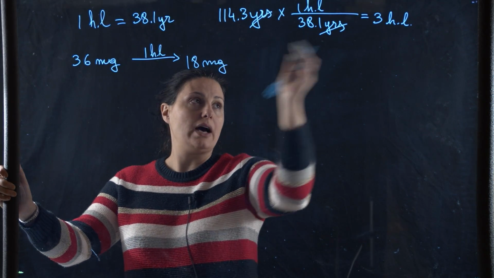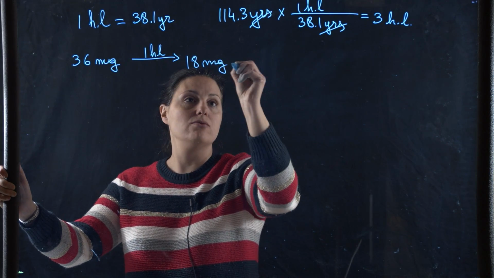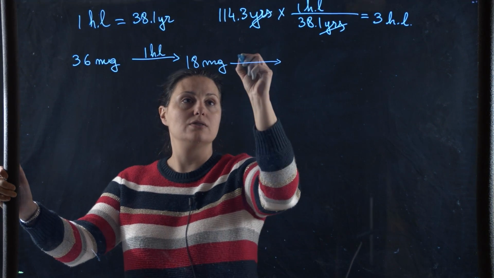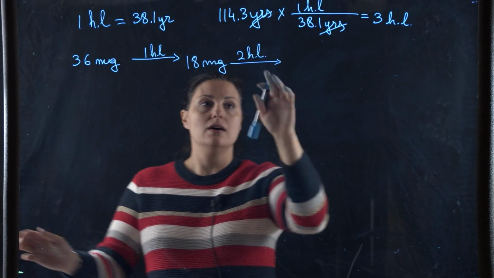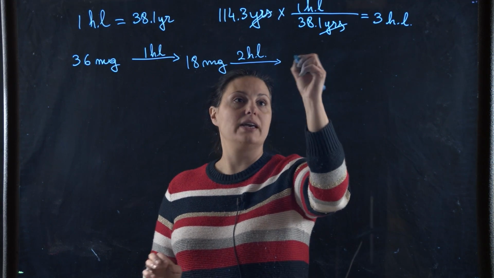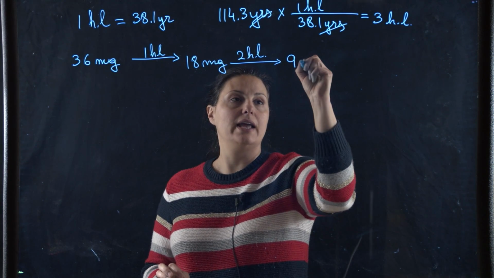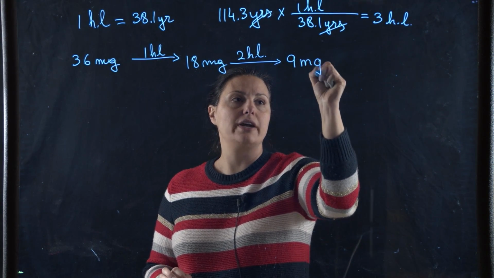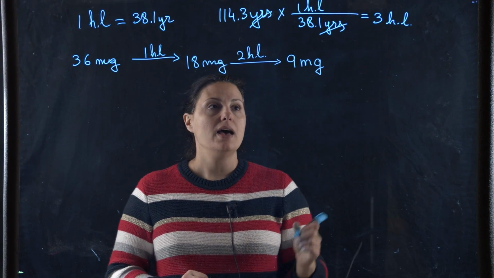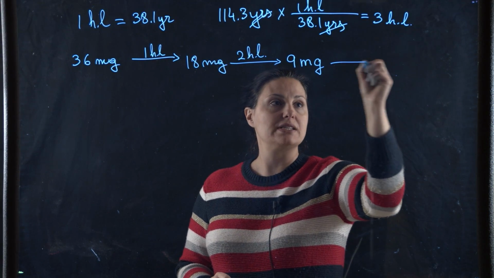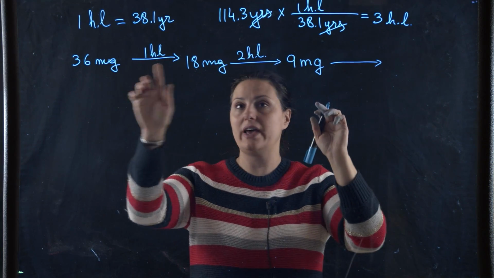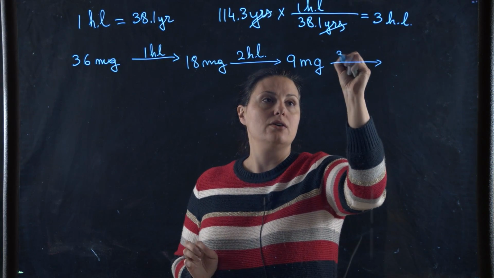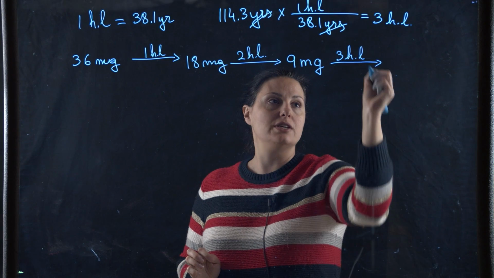Now, I have to have 3. I only have 1. Let's do another one. So my second half-life has passed. This is going to be halved again, which means 9 milligrams. But I have 3, which means that I will have another arrow. So that's what I tell my students, count your arrows. 1 half-life, 2 half-lives, 3, which is my last one for this.